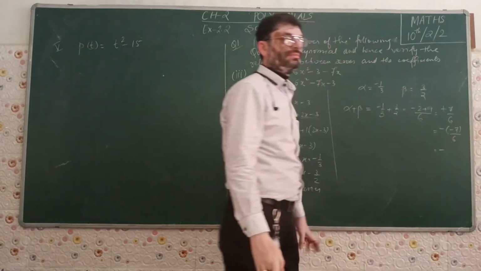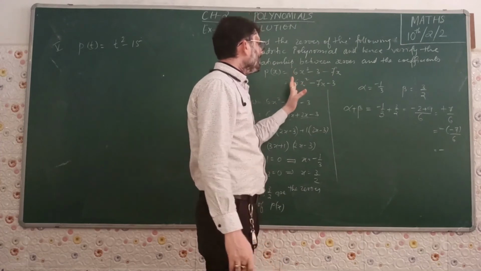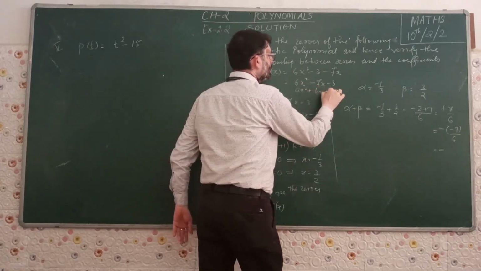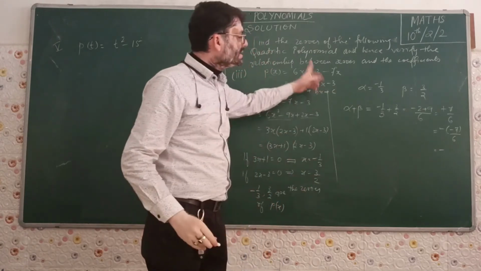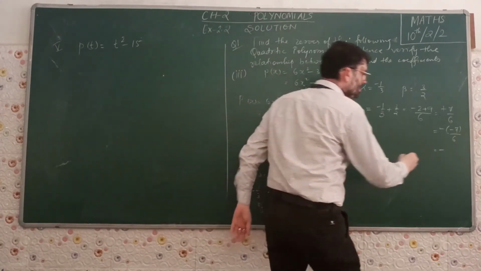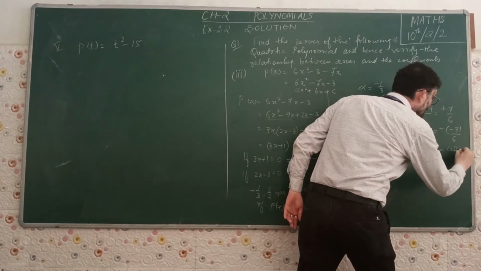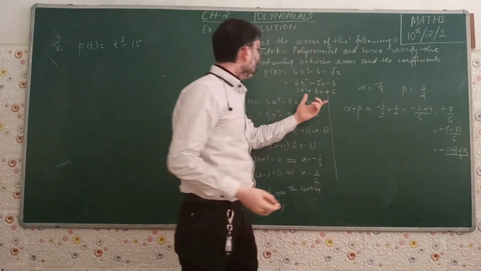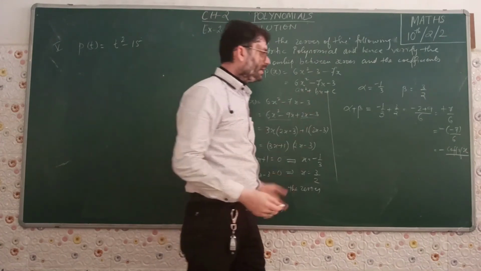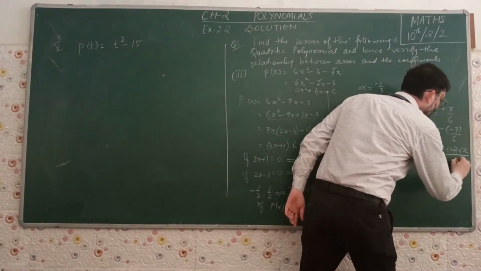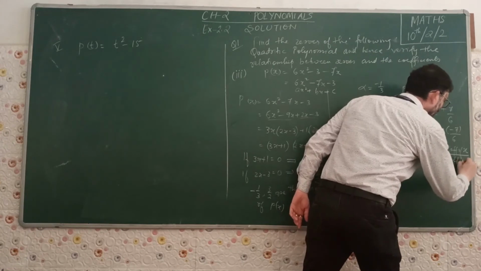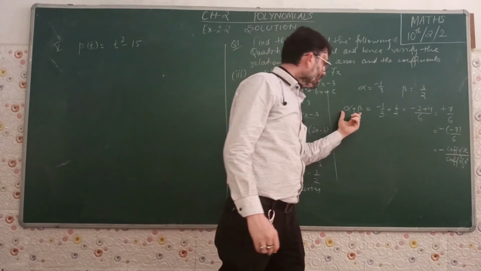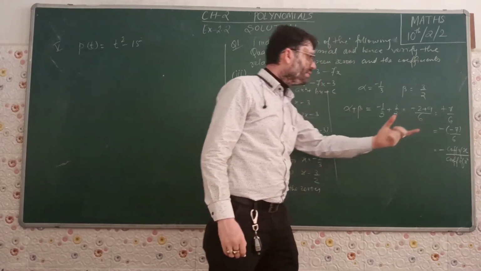Comparing with the standard form of the quadratic polynomial ax squared plus bx plus c, you see the value of b is minus 7, so we can say this is minus coefficient of x upon 6, which is the coefficient of x squared. So we have got sum of zeros, that is alpha plus beta, is minus coefficient of x by coefficient of x squared.